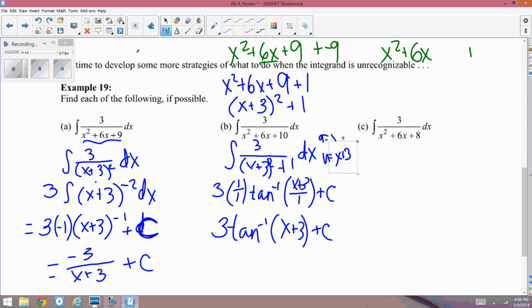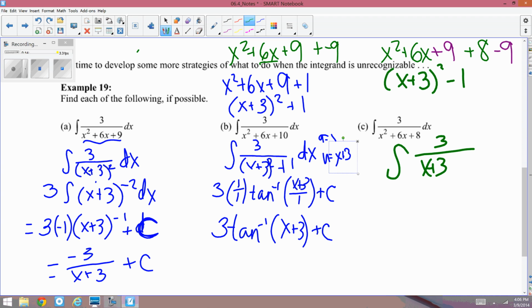I'm going to leave the plus 8 over there. So half of 6 is 3. Squared is 9, so I'm going to add 9 and subtract 9. So this would factor into x plus 3 squared minus 1. All right, so then if we had something like this, x plus 3 squared minus 1, does that match any of our functions? No.